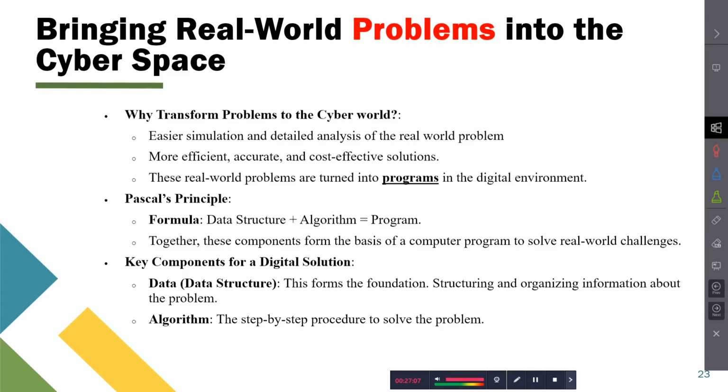Step 5, algorithm development. We are solving the problem by program. Some portion of what I talked about was about the data; now I am talking about the algorithm. Algorithm development: create algorithms to process the data and solve the problem within the model.